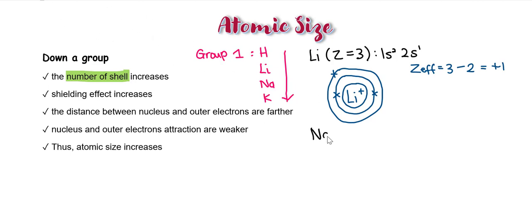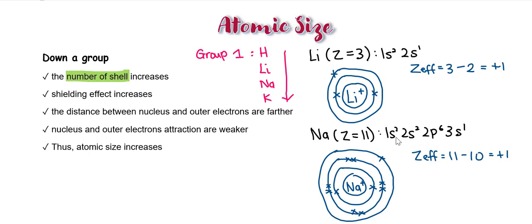For sodium, Z equals 11, so we have 1s2, 2s2, 2p6, and 3s1. We already calculated the effective nuclear charge for sodium and drew it just now. Here we can see that sodium has 3 shells, n equals 1, n equals 2, and n equals 3.